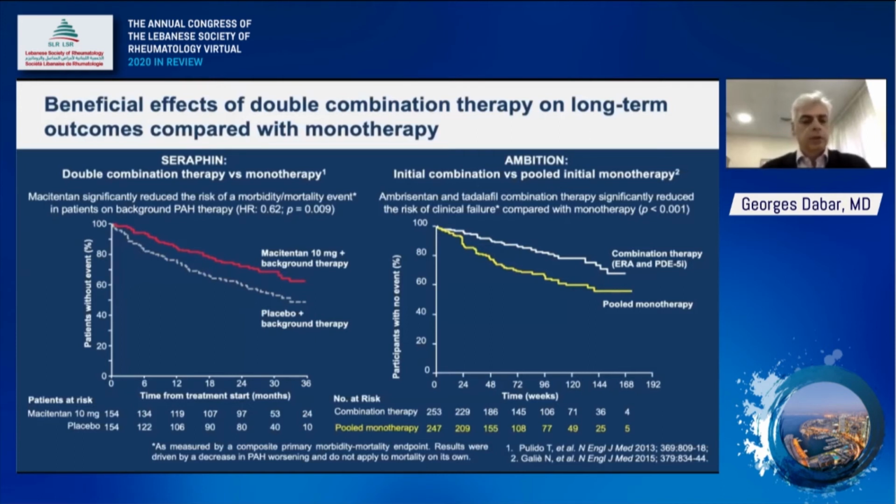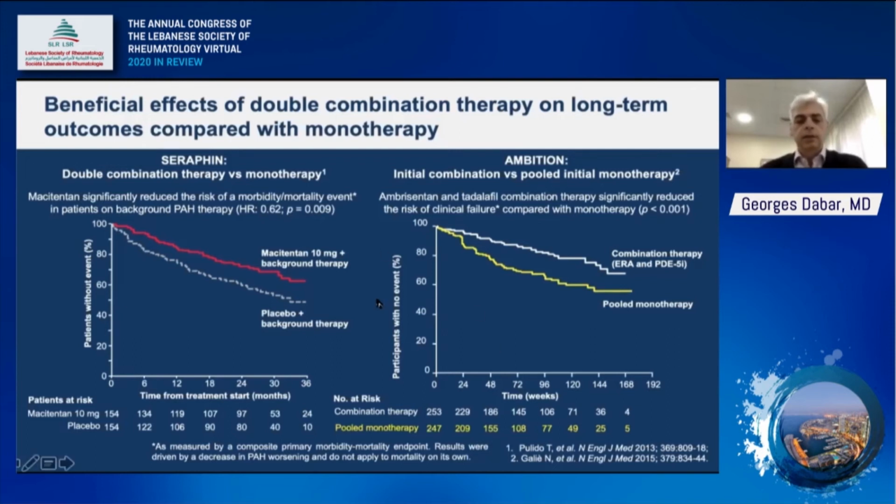In Seraphin, with double combination therapy versus monotherapy, macitentan significantly reduced the risk of mortality and morbidity events in patients on a background of pulmonary arterial hypertension therapy. This is looking at 3 years of treatment and the difference in survival. You have a 38% risk reduction at 3 years with combination therapy versus monotherapy.